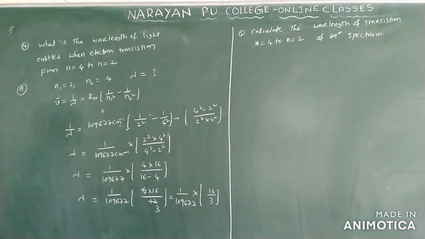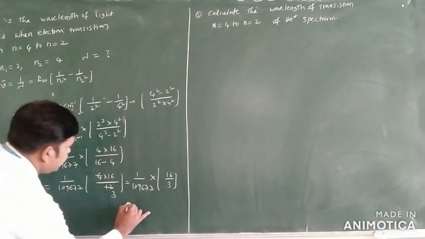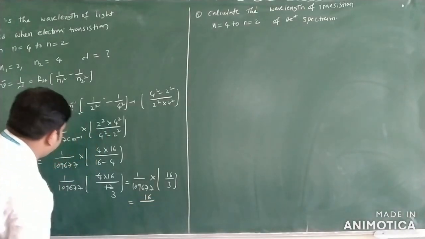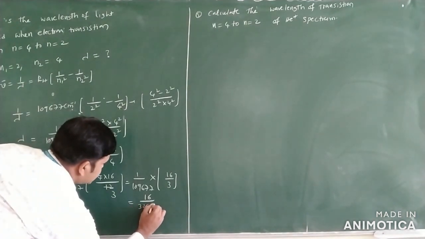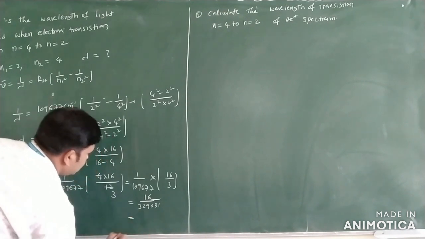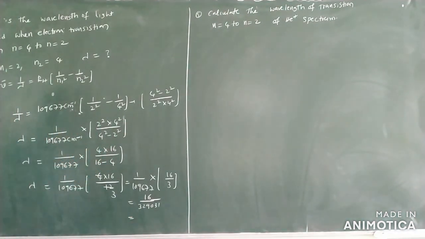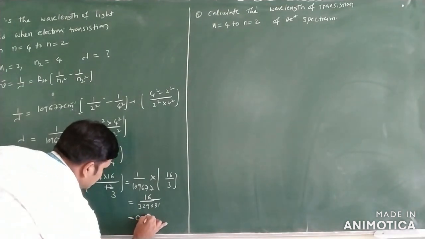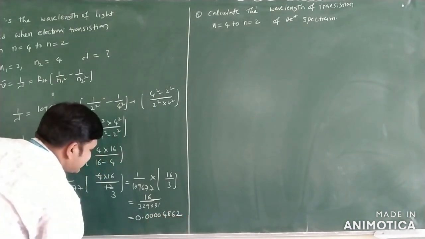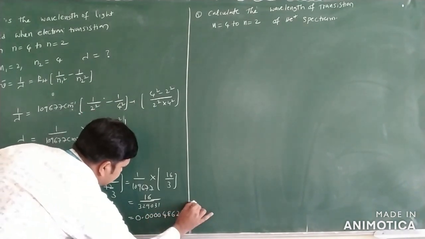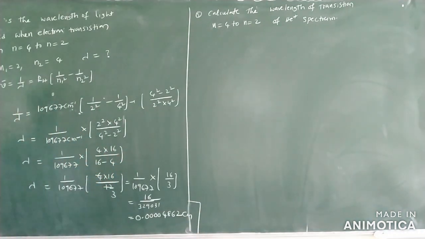Now we can do the calculation part for this one. If you multiply 16 by this, you will get 329031. So how much will you get here? 0.00004862 centimeter.